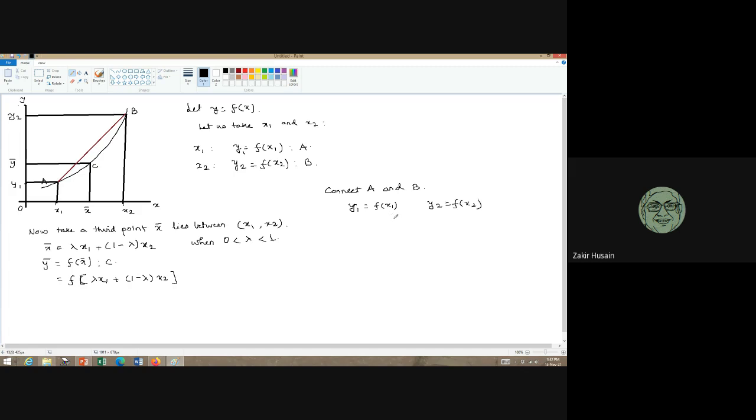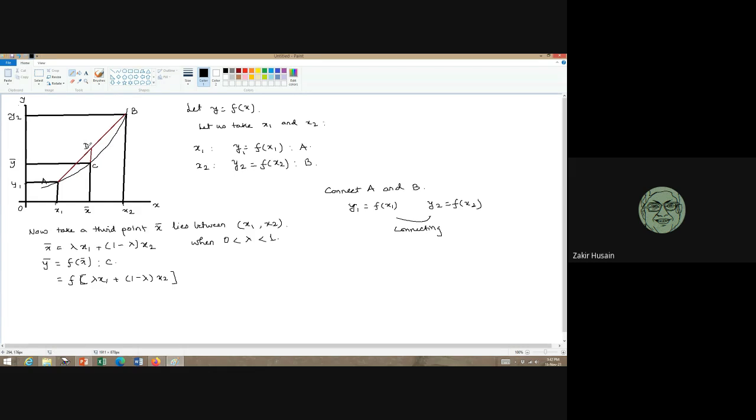So basically we are connecting these two points.